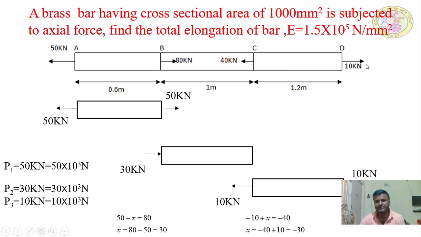So 10 kilonewton is positive, which we have taken as a tensile force. 40 kilonewton is obviously a compressive force subjected to the member BC, so we are using minus 40. So the total force acting on this member is minus 10 plus x is equal to minus 40, then x is equal to minus 30. What does minus 30 represent? A compressive force acting on the member BC.